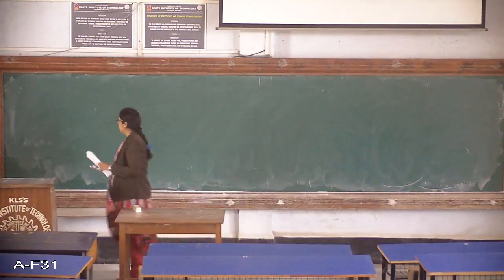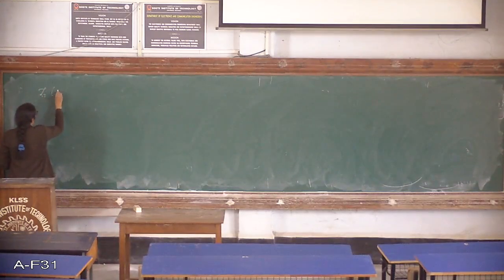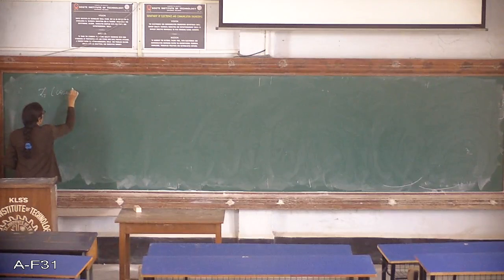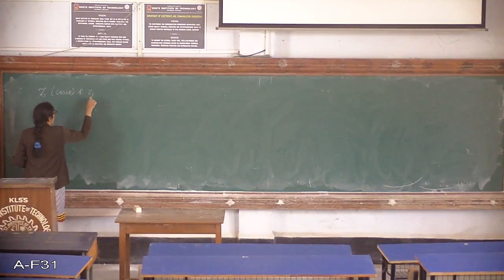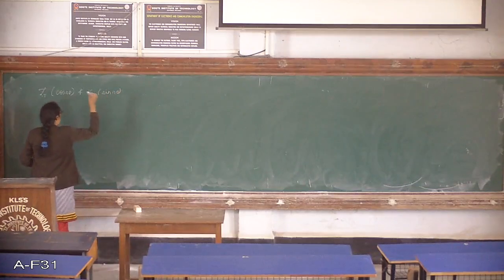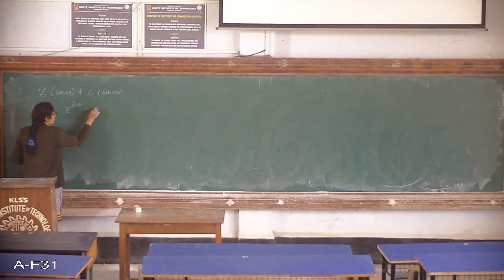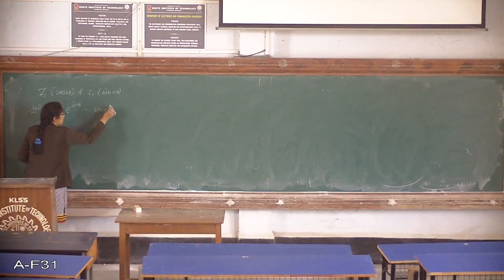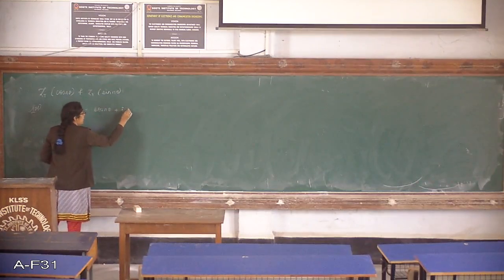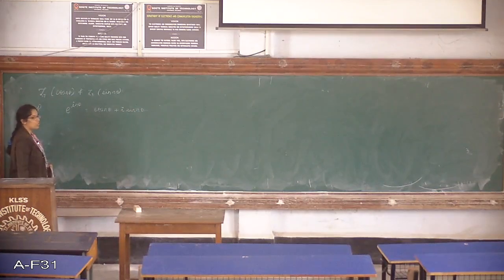So we are supposed to find out what can be the z transform of cos n theta and z transform of sin n theta. So we have studied in your previous classes that e raised to i n theta is nothing but cos n theta plus i sin n theta. So I shall be making use of this concept.